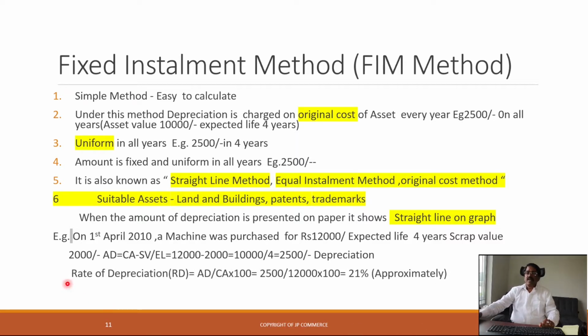Now to find the rate of depreciation, RD is equal to annual depreciation AD divided by cost of the asset CA, into 100. That is 2,500 divided by 12,000 into 100, so the rate of depreciation is approximately 21%.